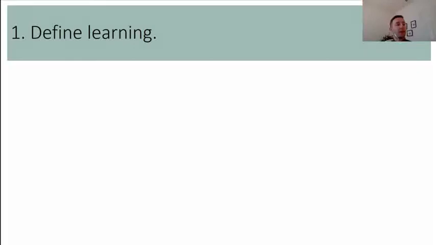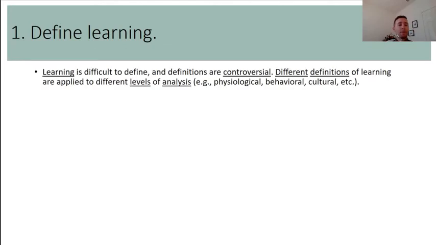So our first objective is to define learning. There are a lot of different ways we could define learning, and we're going to apply what's called a pragmatic definition of learning, or a definition of learning that is useful for studying functional relations between behavior and environment. Learning is difficult to define, and definitions are controversial, but really different definitions of learning are just applied to different levels of analysis.